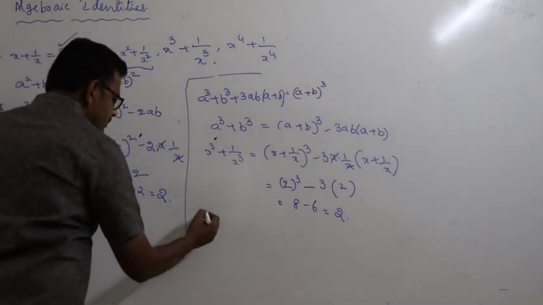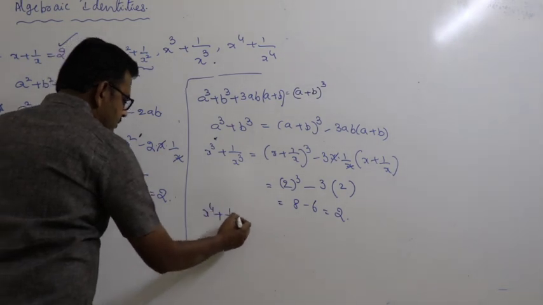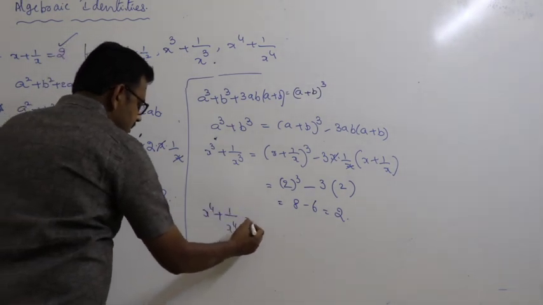And the next one, x power 4 plus 1 by x power 4.